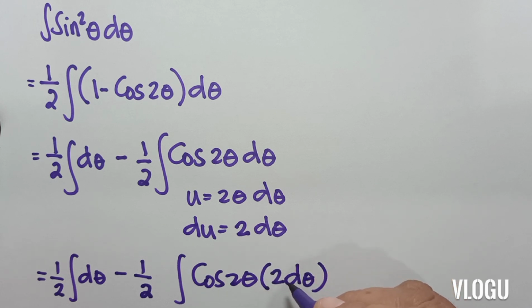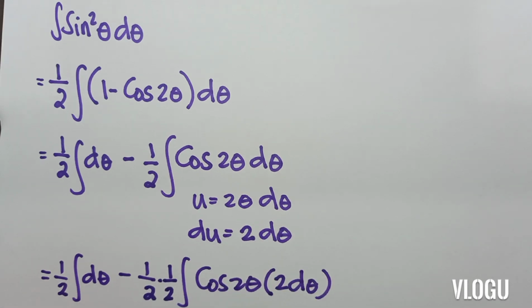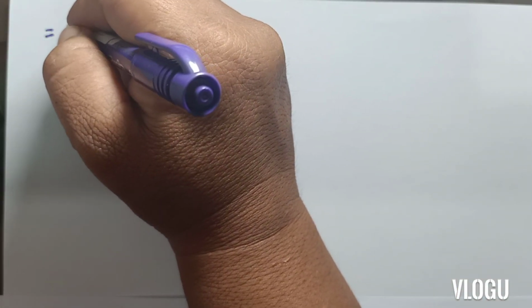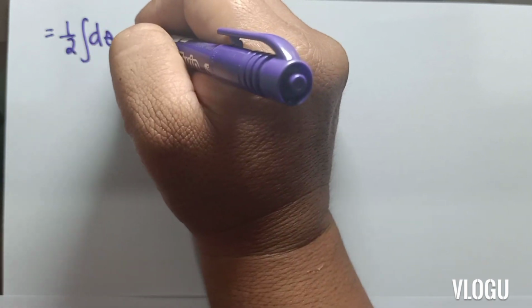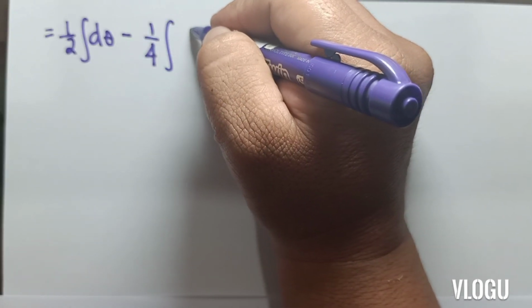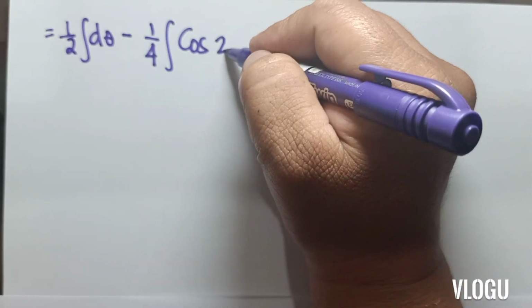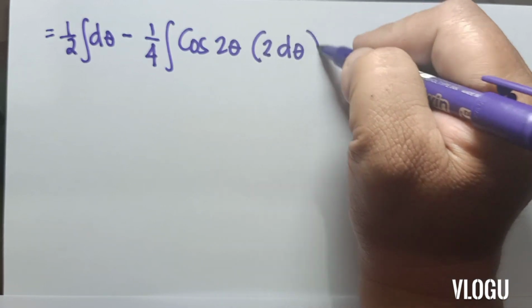So we multiply by 2 inside and multiply outside by 1/2. As a continuation, we have 1/2 d theta minus 1/4 the integral of cosine 2 theta times 2 d theta.